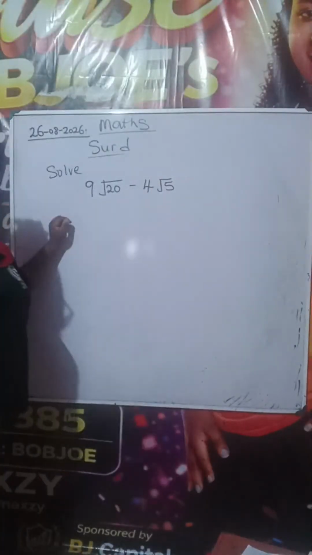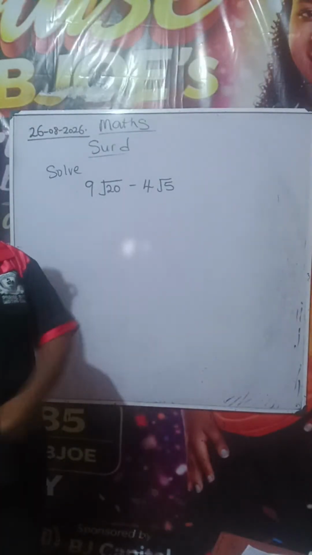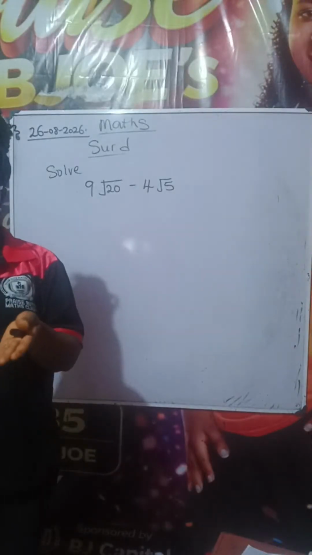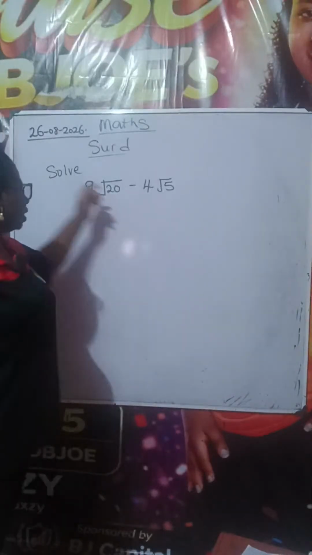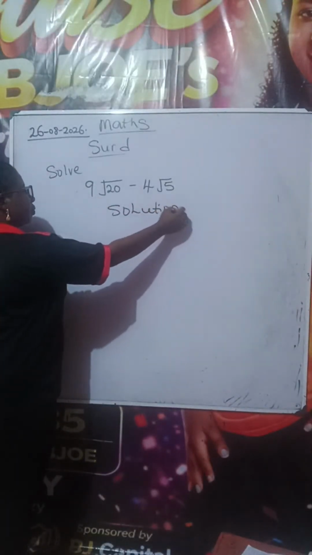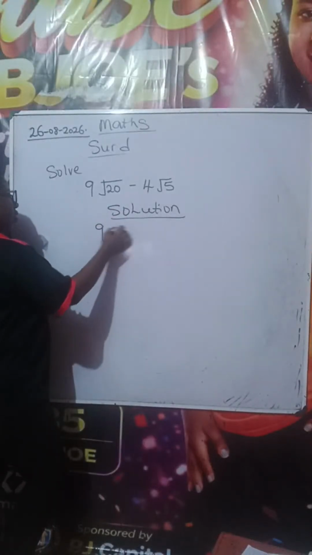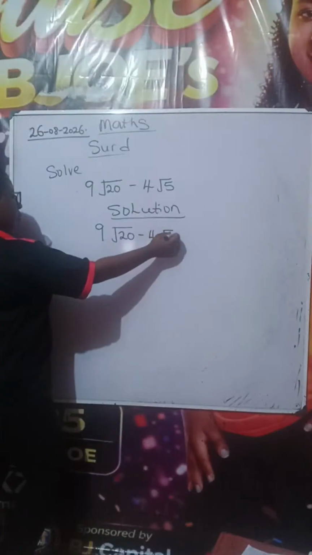This one is now subtraction. How do we solve this? Can we subtract? Can subtraction take place, looking at it like this, 9 root 20 minus 4 root 5?